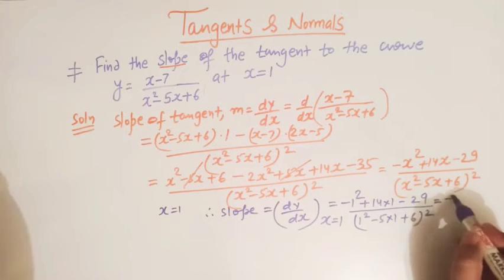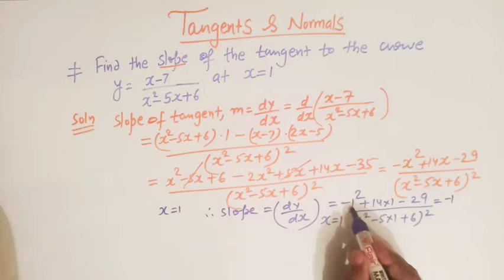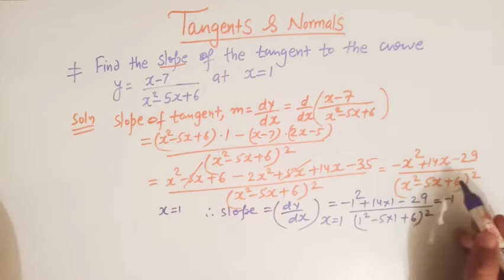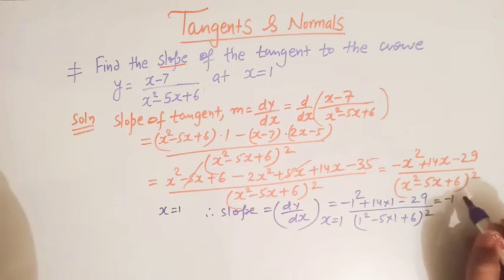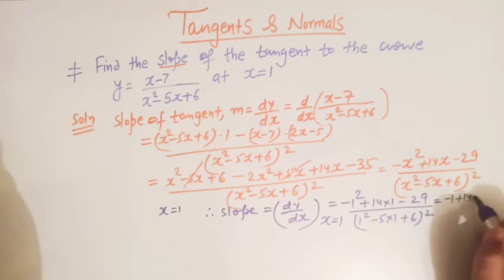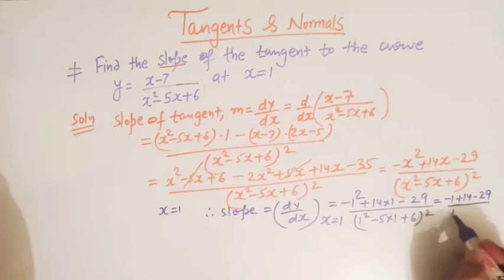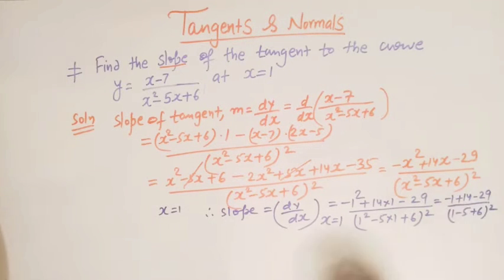So here we have minus 1 plus 14 minus 29, divided by (1 minus 5 plus 6) whole square. Clear?